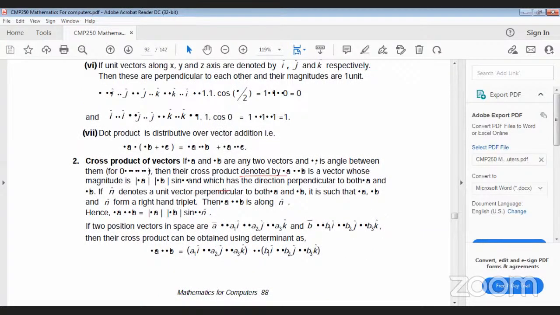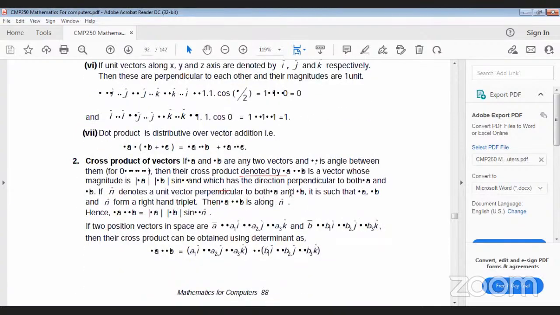Now let's talk about the cross product. If A and B are any two vectors, A cross B has magnitude |A||B| sin theta, where theta is the angle between them, and it has direction.